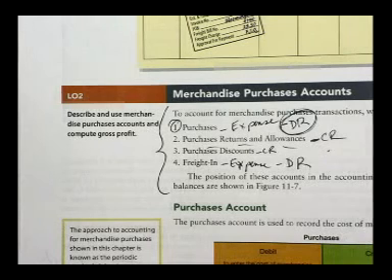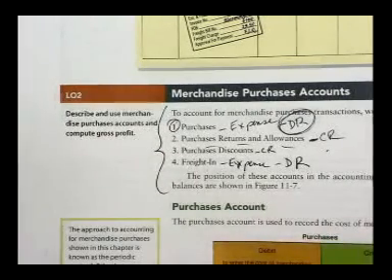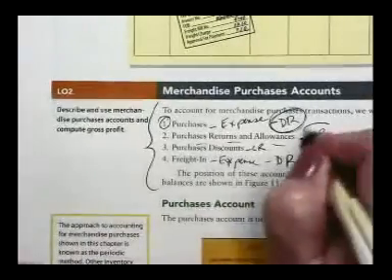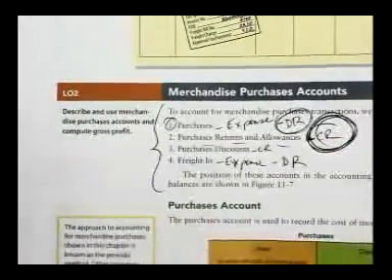When we purchase merchandise, merchandise for resale, not supplies for the supply room, we will debit purchases. If we return some of that merchandise, we will use a contra expense account called purchase returns and allowances. It has a normal credit balance, as you see in my little notes.